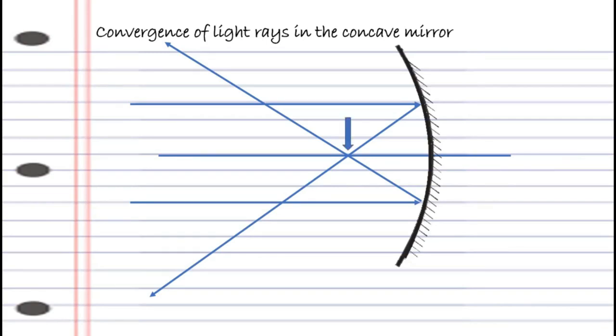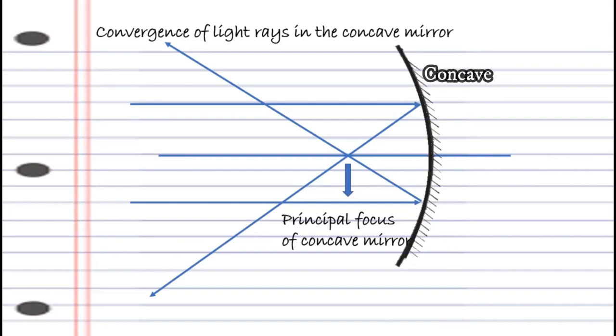The point where these two rays meet is called the principal focus of the concave mirror. This is the concave mirror. Remember this. This is a very important concept. So what is the principal focus of the concave mirror? The point where the light rays meet, here on your screen.